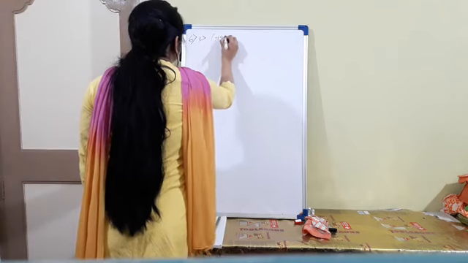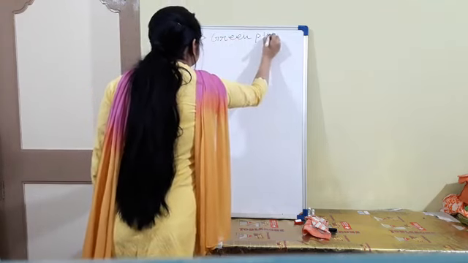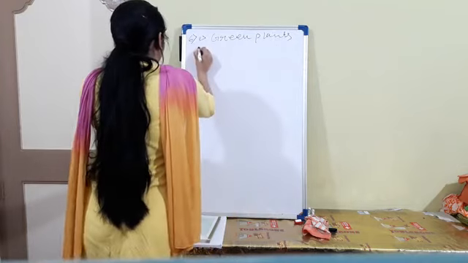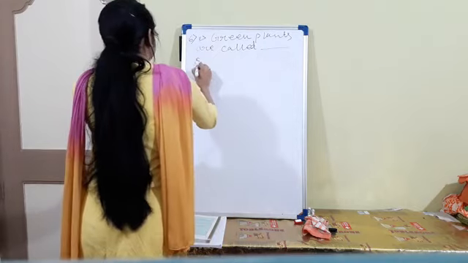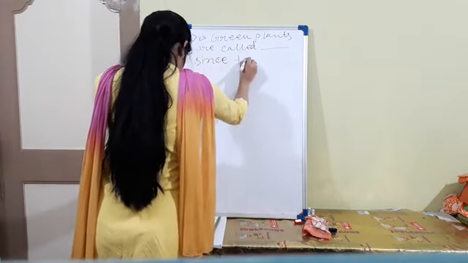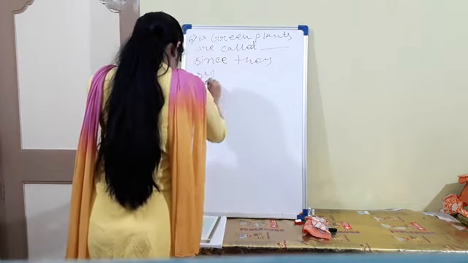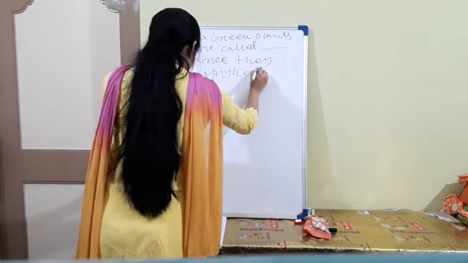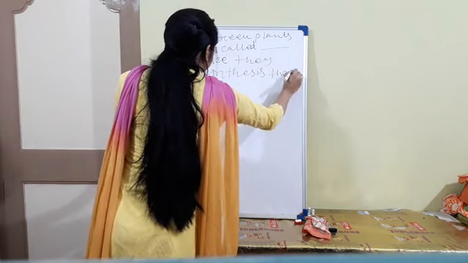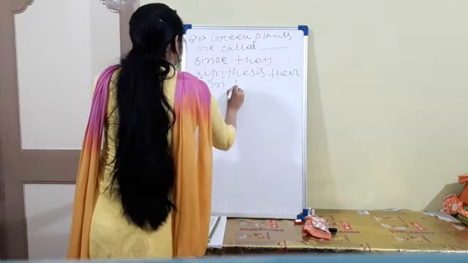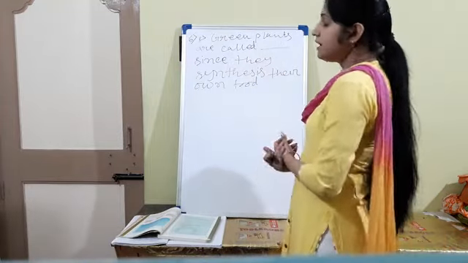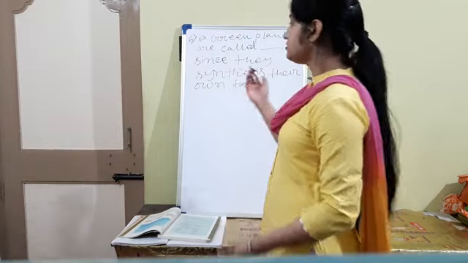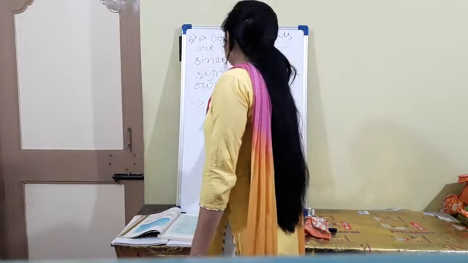All of you know that green plants are able to do photosynthesis, so they are called autotrophs.